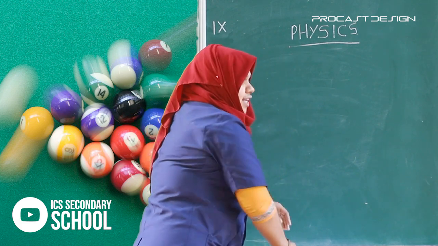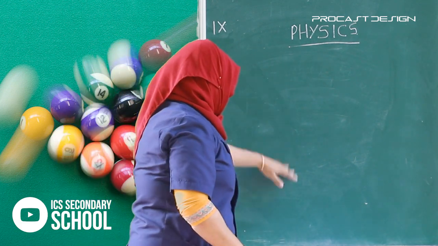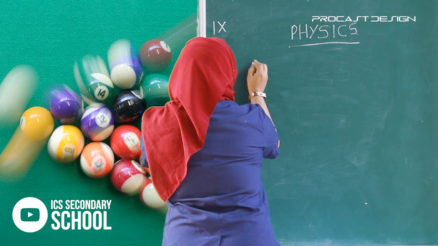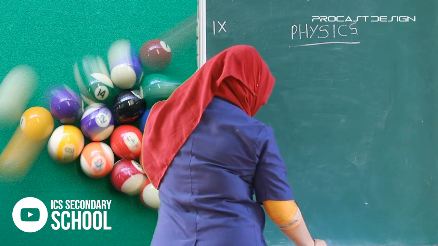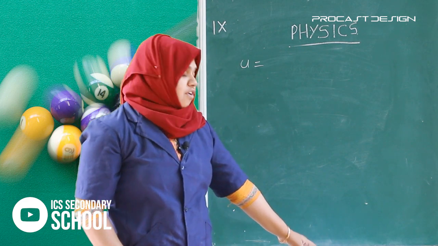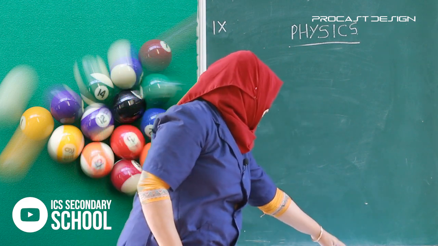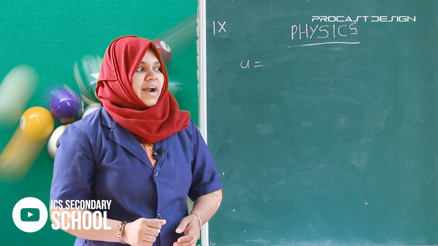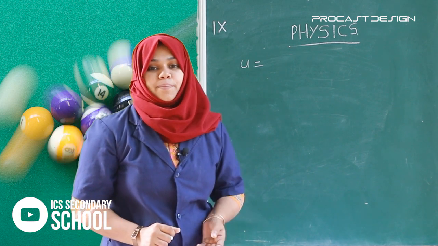Initial velocity, that is u. What is the initial velocity here? The car is moving with a speed of 108 kilometer per hour.